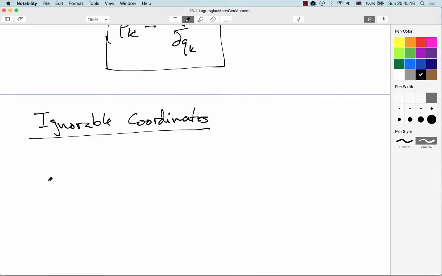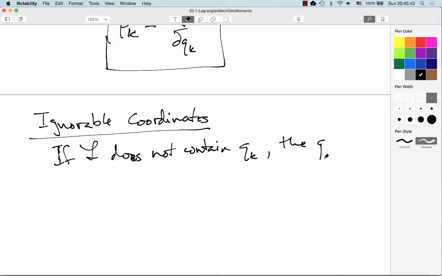So what all that means is if the Lagrangian does not contain q_k, then we say that q_k is ignorable, or an ignorable coordinate.